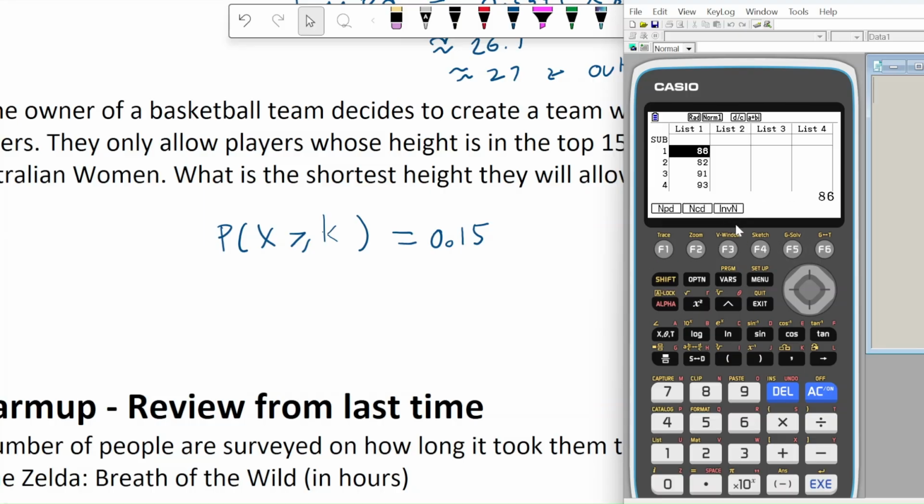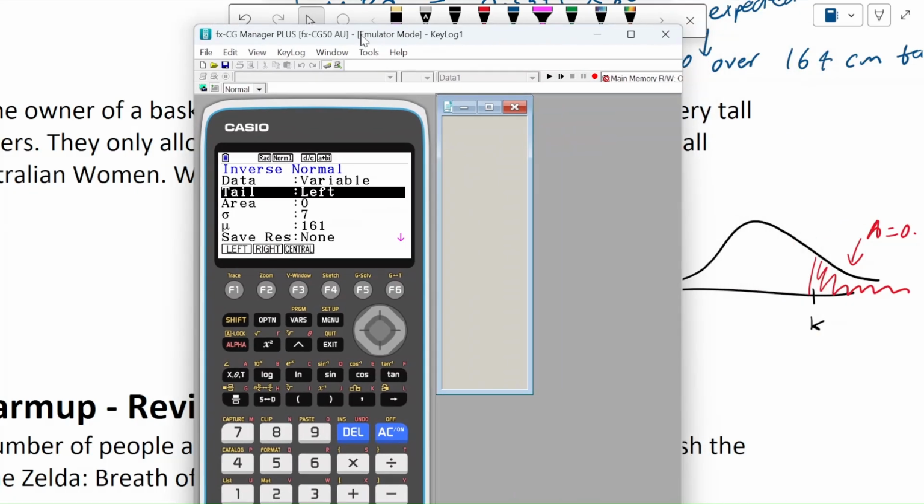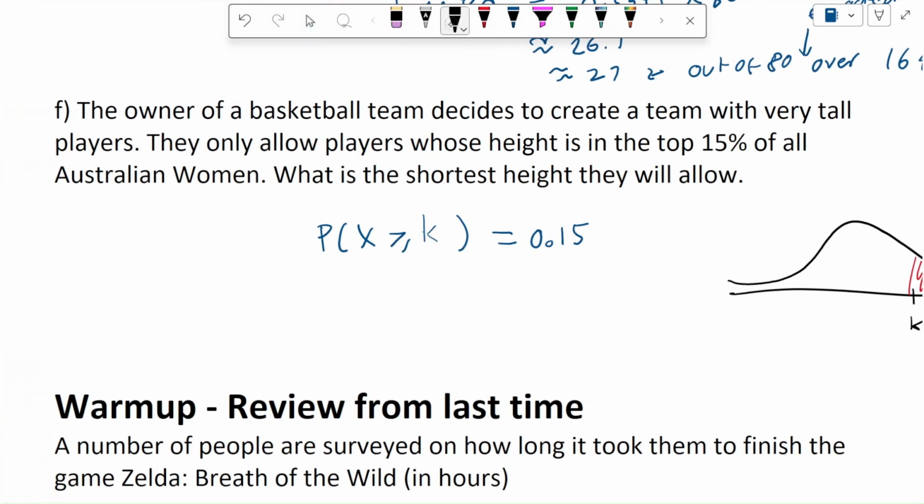You're hitting inverse normal this time, so it's F3. The tail is a right tail because we've drawn it on the right-hand side. The area was 0.15. Standard deviation and mean are the same as before. And we should get 168.2. So K roughly equals 168.2 centimeters.